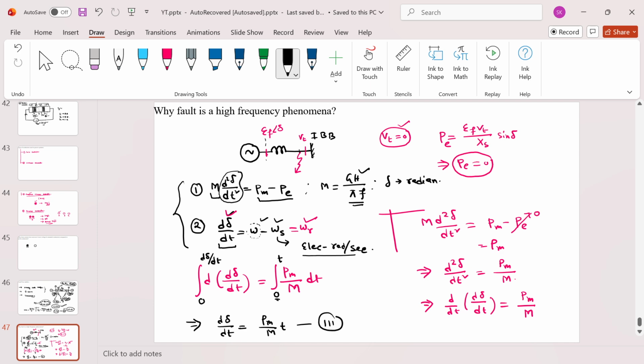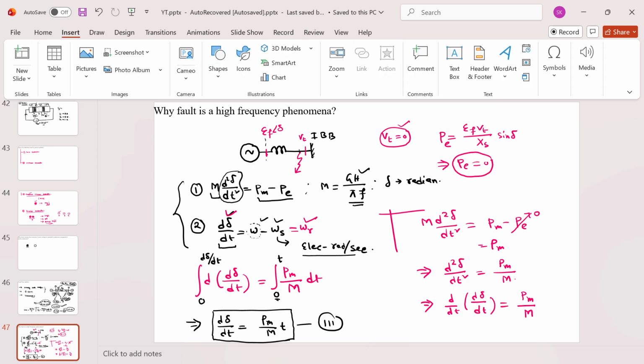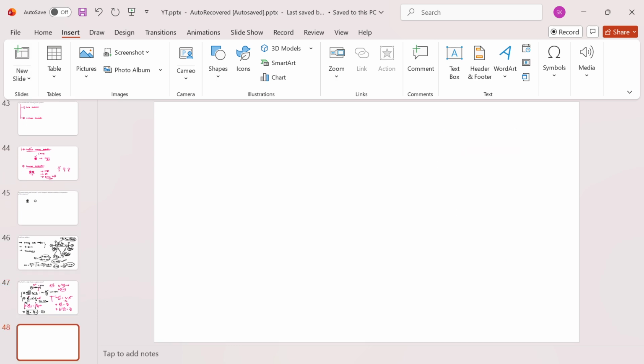Now you have this relative velocity. You can see from this equation that the fault is at t equal to 0 seconds, and as time progresses, the relative velocity d delta by dt is simply increasing. So d delta by dt equals Pm by M t, and also d delta by dt equals omega minus omega s, where omega s is constant, the synchronous speed of the grid frequency.